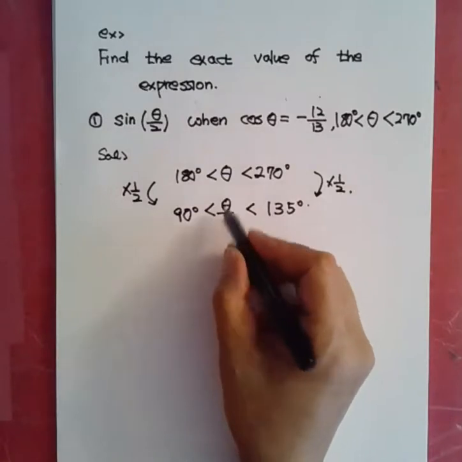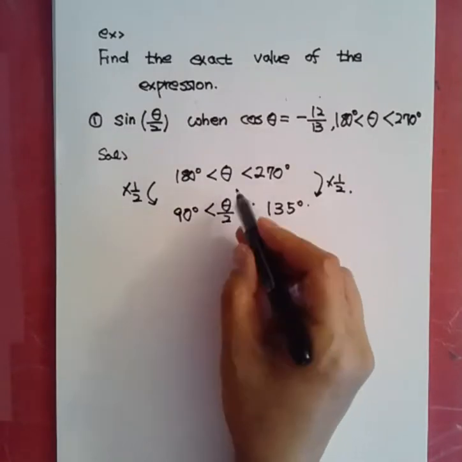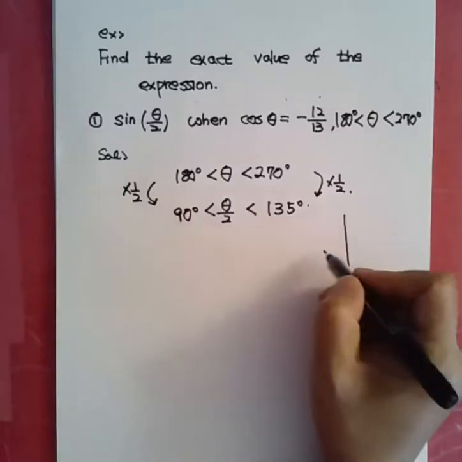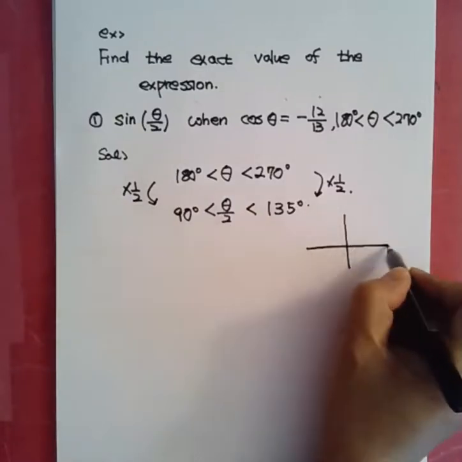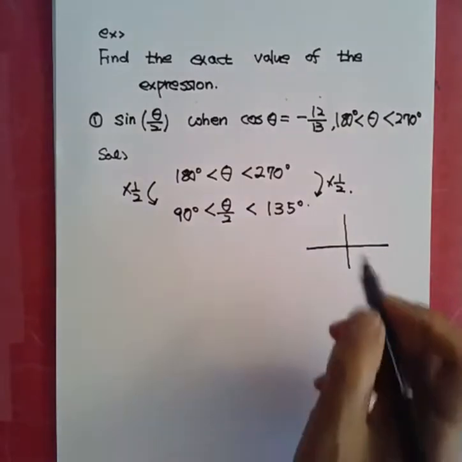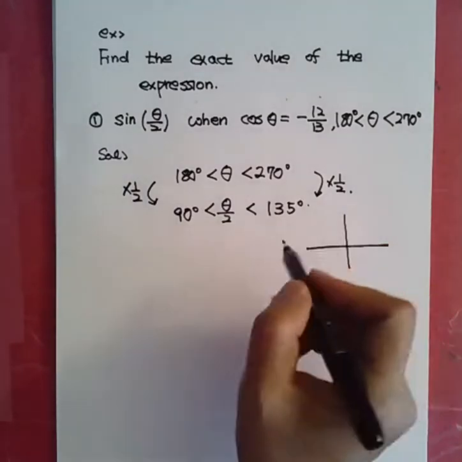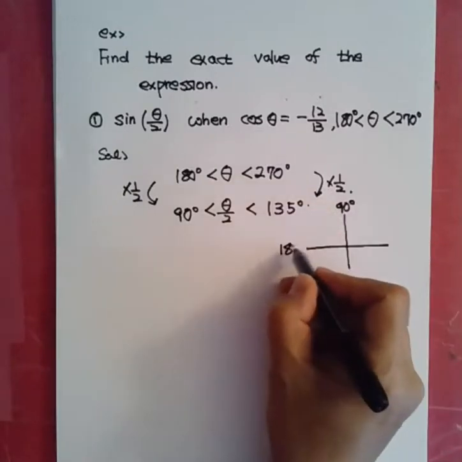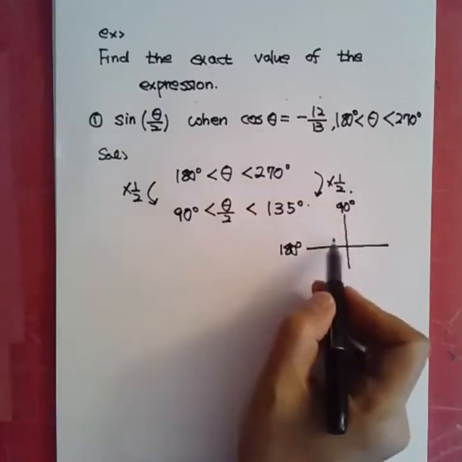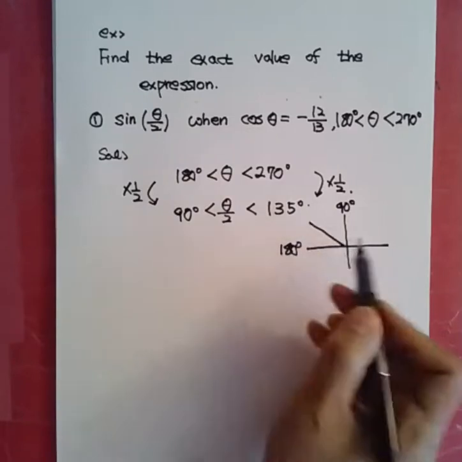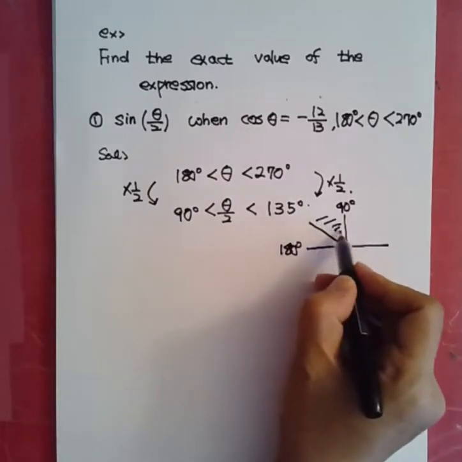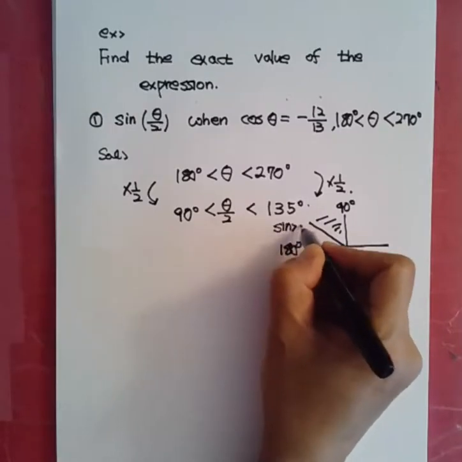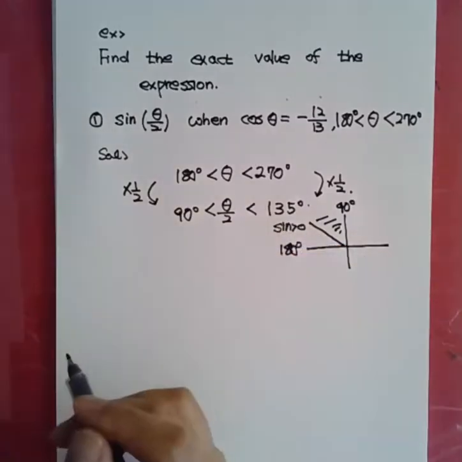Then the quadrant this angle belongs to will determine the sign of sine of theta over 2. 90 degrees is here and 180 degrees is here. So this angle lies in the second quadrant. In the second quadrant, the sine value is greater than 0.